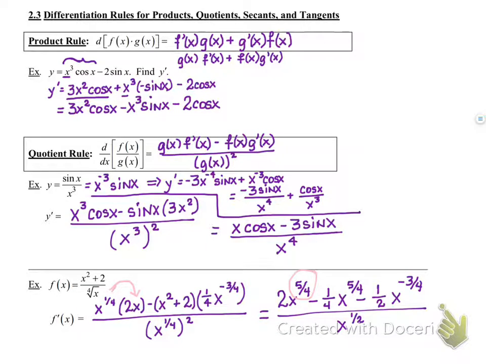Over here, we've got x squared times x to the negative 3/4, which would be 2 plus negative 3/4. And 2 plus negative 3/4 also gives us 5/4. Next up, that's just negative 3/4. 1/4 times 2 is 1/2.